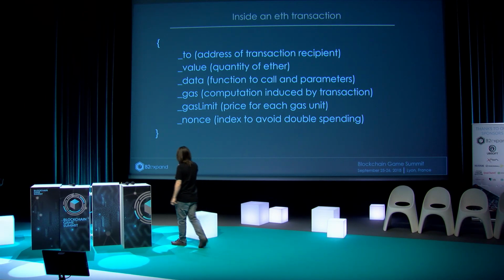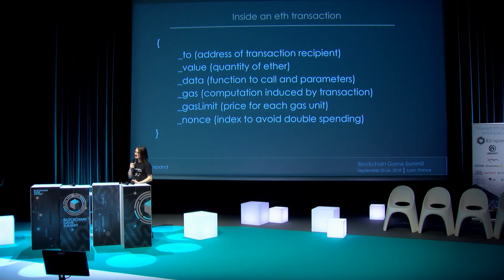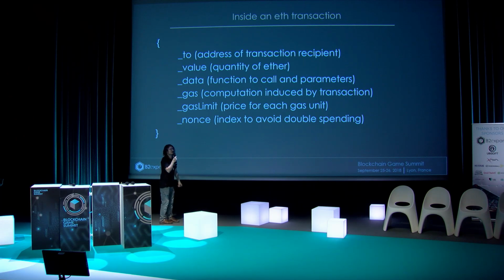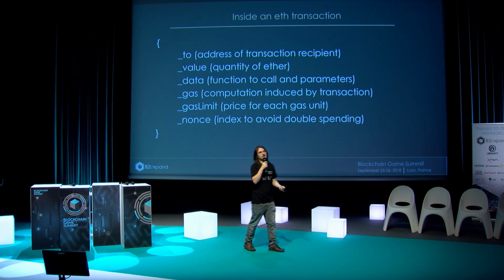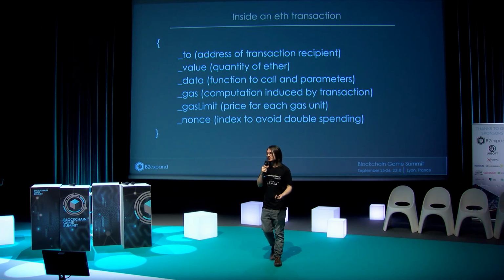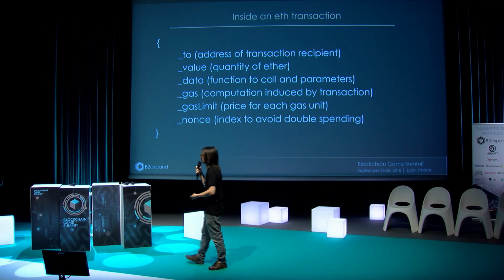So, how do we ask a smart contract to do a transaction for you? A transaction has 5 main values. In every transaction, you need a receiver, and the value of blockchain token you want to send with the transaction.